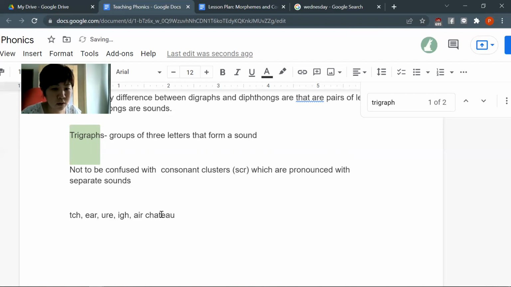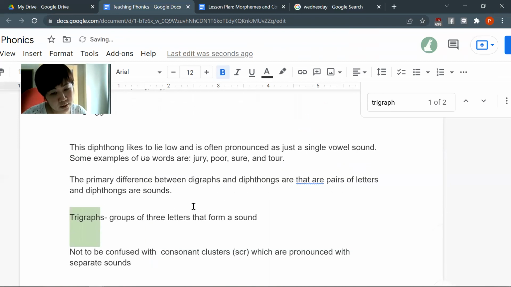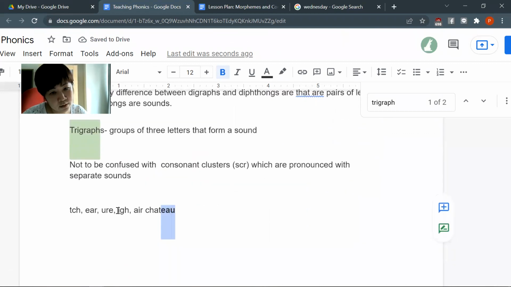That's it, E-A-U. So this part is a vowel trigraph. That's a good one. Chateau means castle in French, but in English, it just means a fancy house.